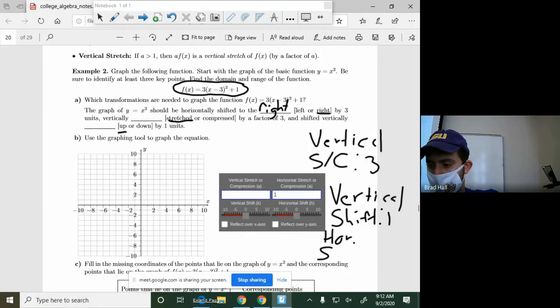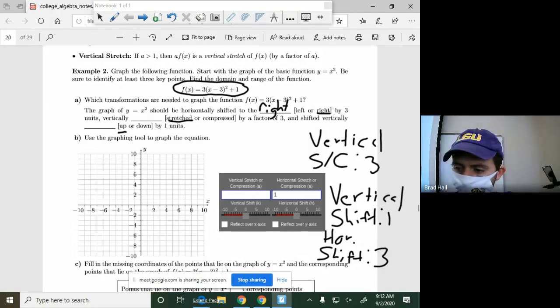The horizontal shift, we said that that was 3. We're going to the right 3. And by doing all of that, we go to the right 3. 1, 2, 3. We go up 1, 1. And then it will generate this cup shape for you.